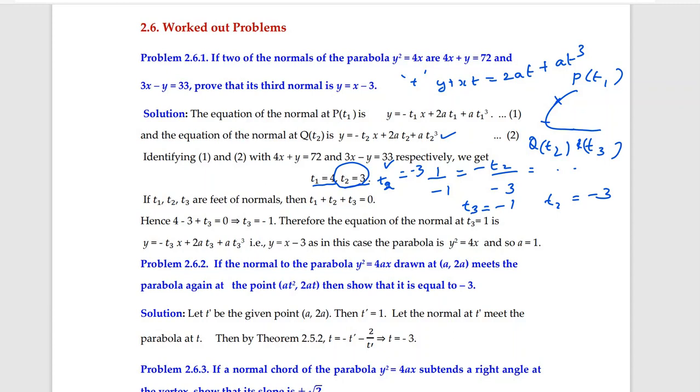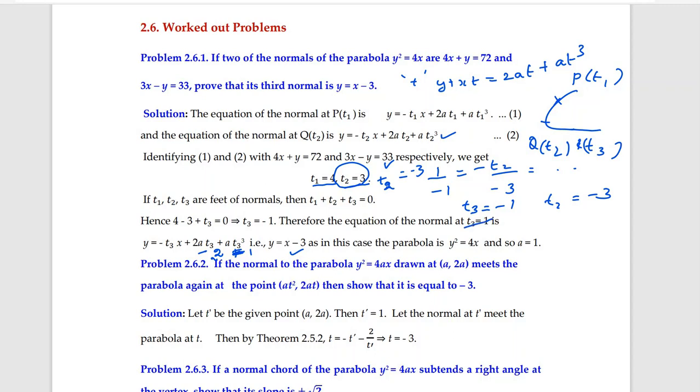So y is equal to x, and this is minus 2a. Here a is 1. So you have minus 2 plus a which is 1. So t3 is minus 1, so you have minus 1 minus 2 already. So you get minus 3.